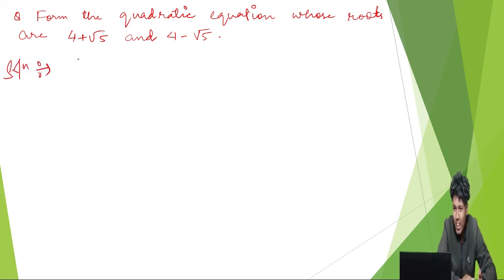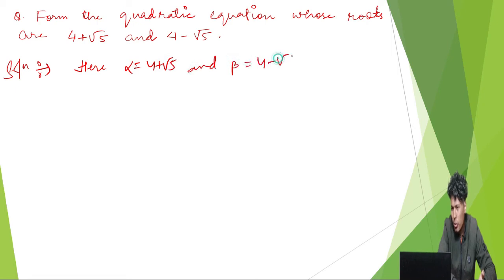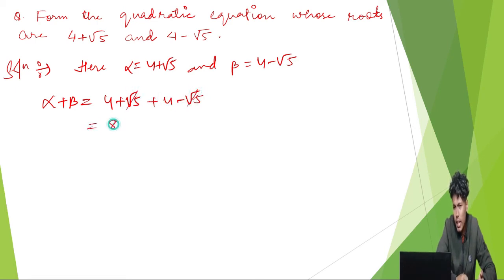So let us do it. Here alpha is equal to 4 plus root 5 and beta is equal to 4 minus root 5. Alpha plus beta is equal to 4 plus root 5 plus 4 minus root 5. This one and this one cancel, so 4 plus 4 is 8.